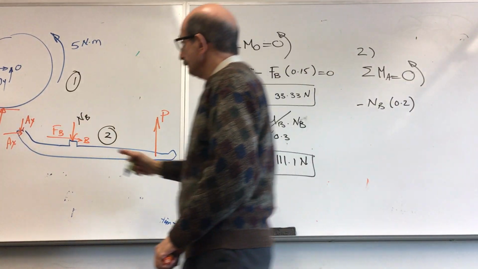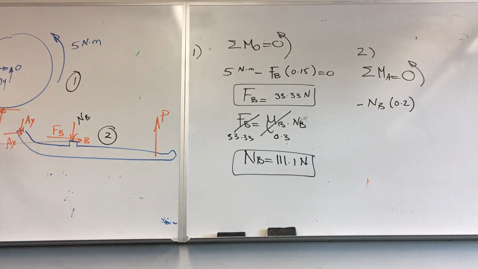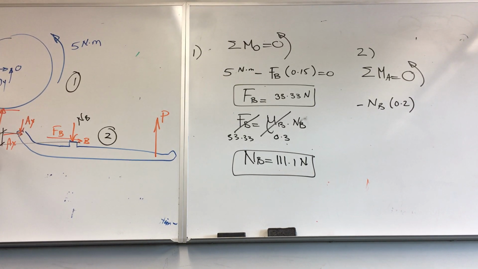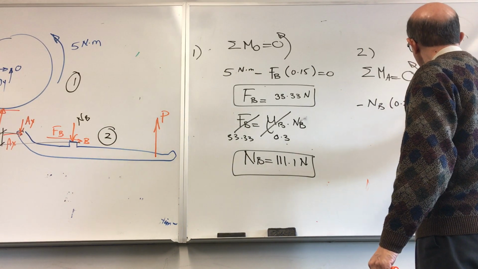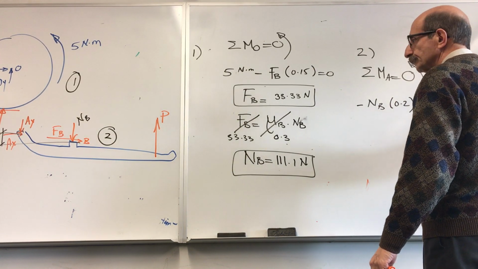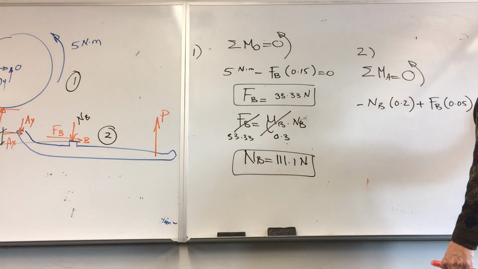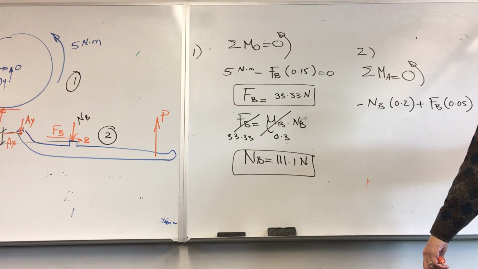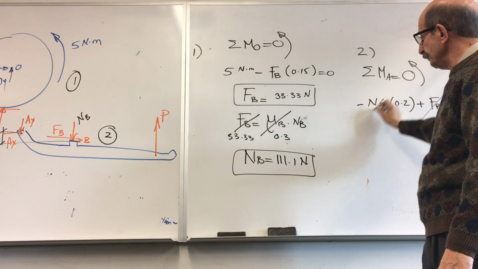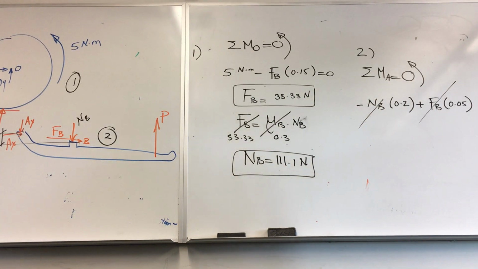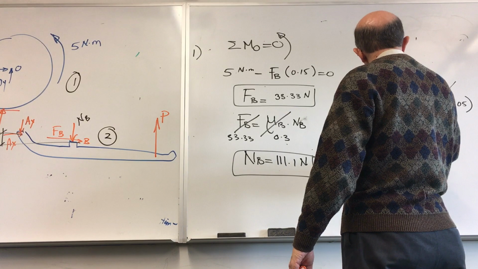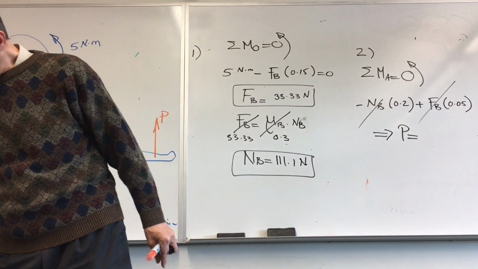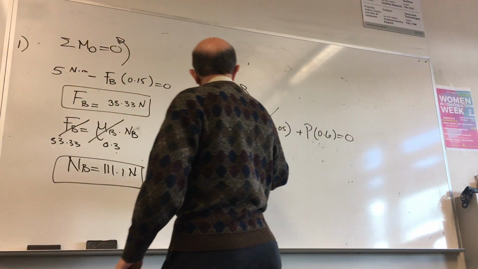This distance between here and here was given as 0.05, so I have positive FB times 0.05, and then plus P times 0.6 is equal to 0. So you substitute for NB and for FB, which you have here. That will give you P, which comes out to be 34.26.